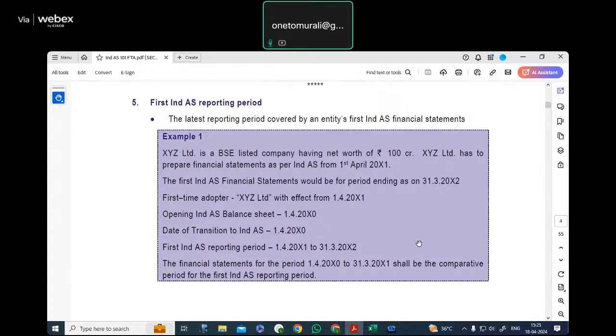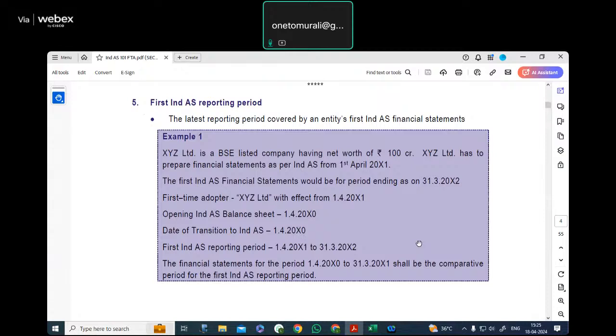First time adopter XYZ, with effect from 1/4/20X1. Opening Ind AS balance sheet will be as of 1st of April 20X0. Date of transition to Ind AS is 1/4/X0. First Ind AS reporting period is 1/4/X1 to 31/3/X2.